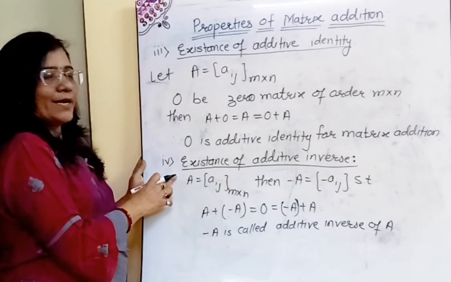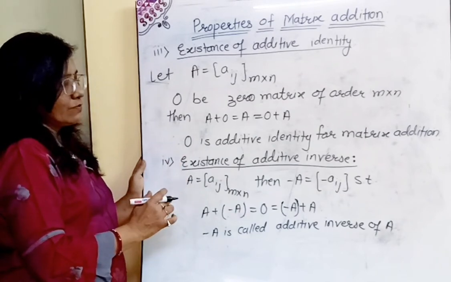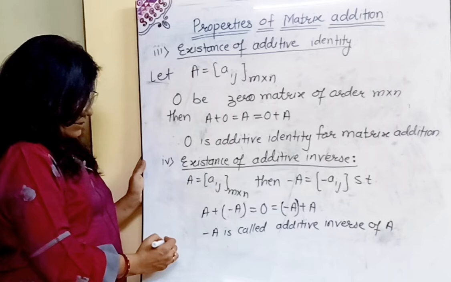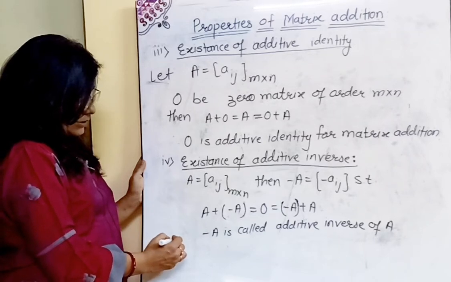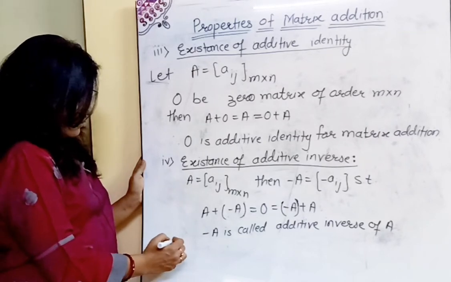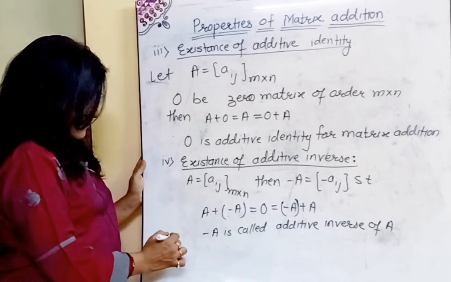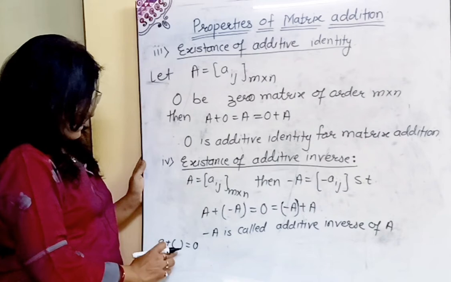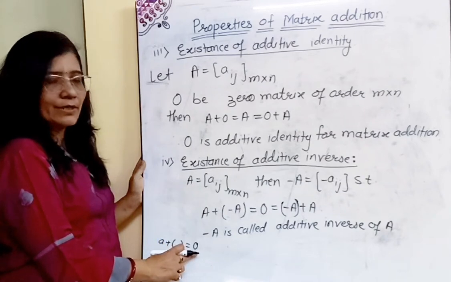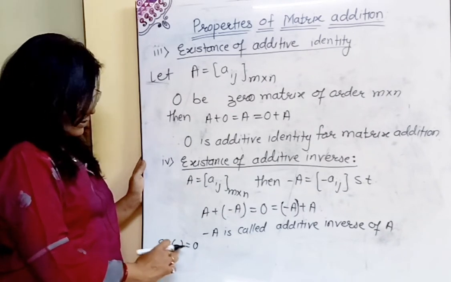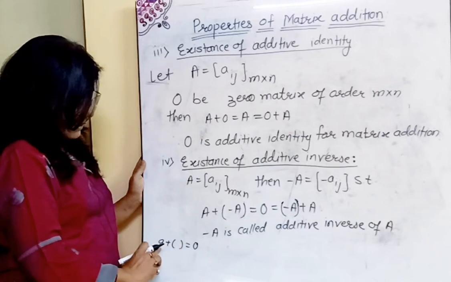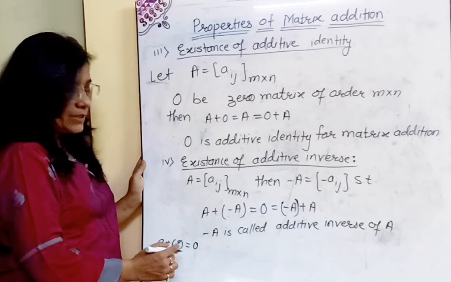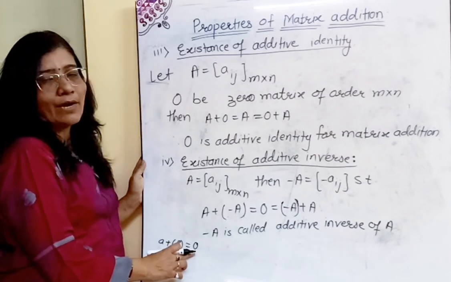Now existence of additive inverse. What is the additive inverse? Suppose A is a given number. In general, for real numbers, what should be added to A so that we get the additive identity?